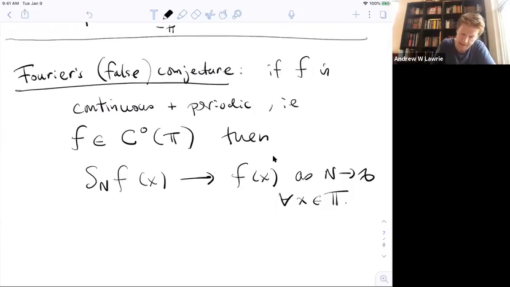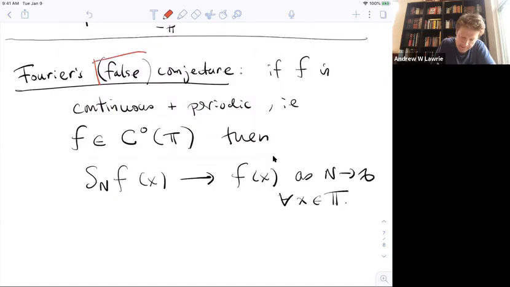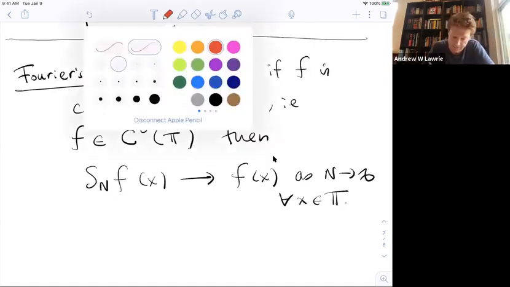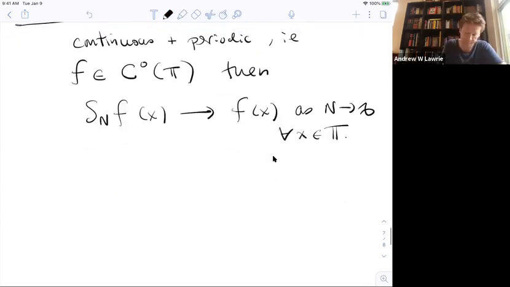And let me emphasize that this is false, but it took a very long time to resolve. And in fact, outside the scope of this class, there is a theorem.